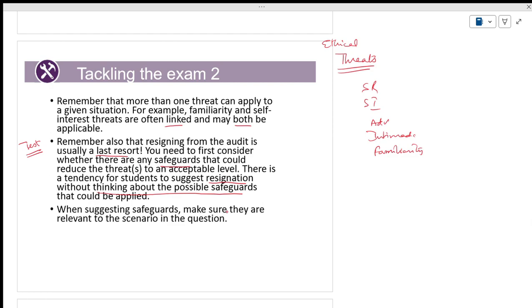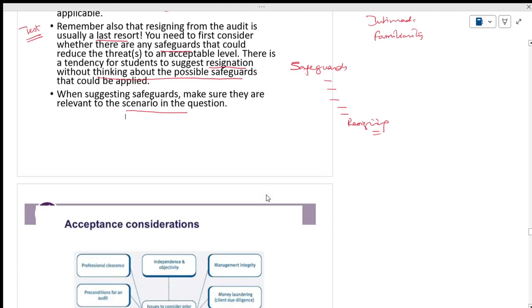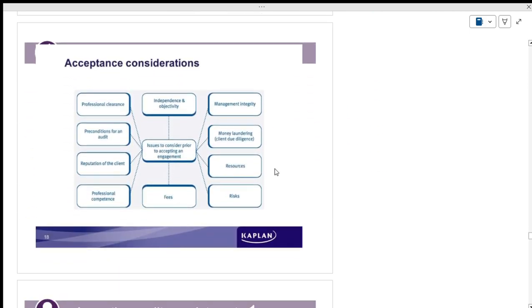If you come across a question, you put in your writing: these are the safeguards. This is the sequence. You have to put all the safeguards first, then as the last option, that it is going to be a resignation of the auditor. When suggesting safeguards, make sure they are relevant to the scenario in the question.